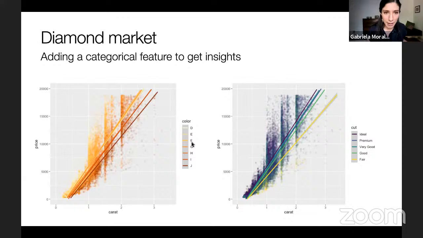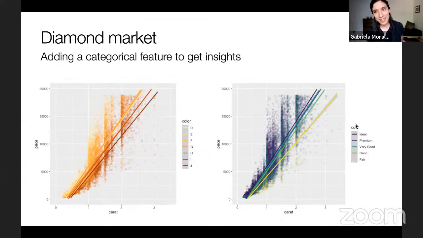But if you get F, which is also here, you can actually get that diamond for less money and sell it for the same price that you would sell a diamond color D. So you should buy the F color. F would be good because you don't have to spend much and you can gain a lot.